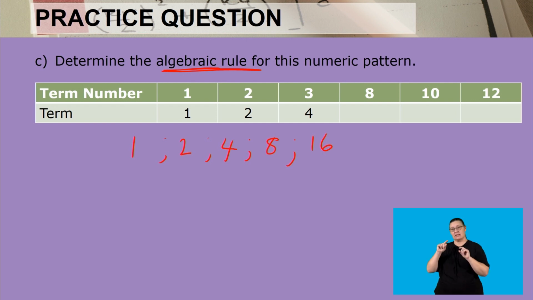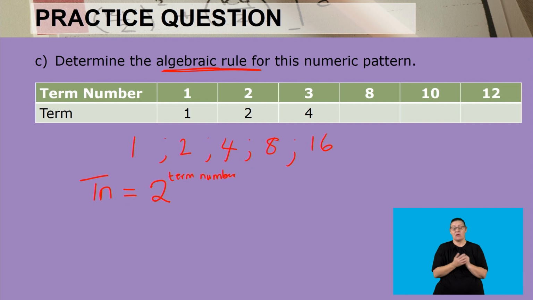We need to find the rule or the relationship between the term number and the term itself. So remember, we had a constant ratio of 2. Now, that constant ratio of 2 needs to help us in finding this rule. Now, as an exponent, we can place there the term number.